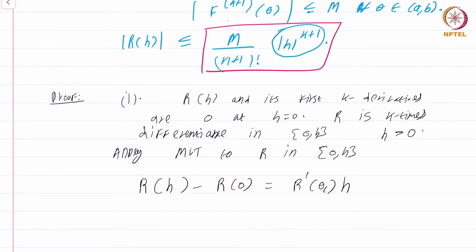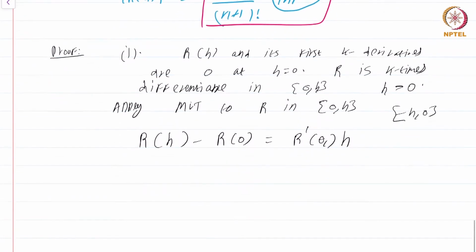Whatever I am about to write, if h is less than 0, you just have to apply an analogous argument to minus h0. So r of h minus r of 0 is r prime theta 1 times h by mean value theorem, where theta 1 lies in the open interval 0h.